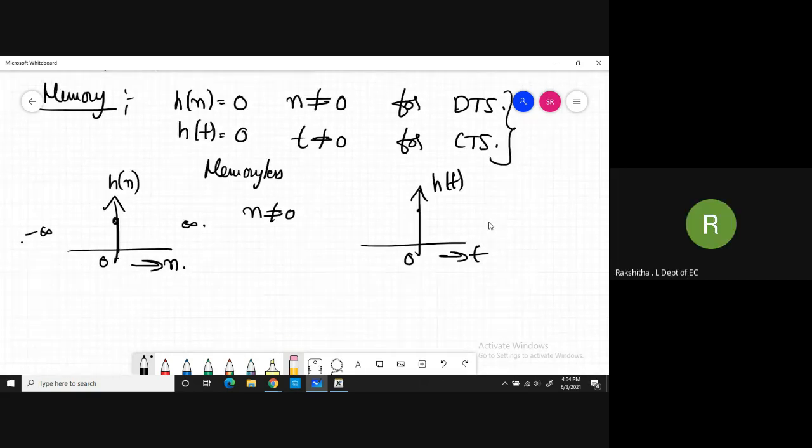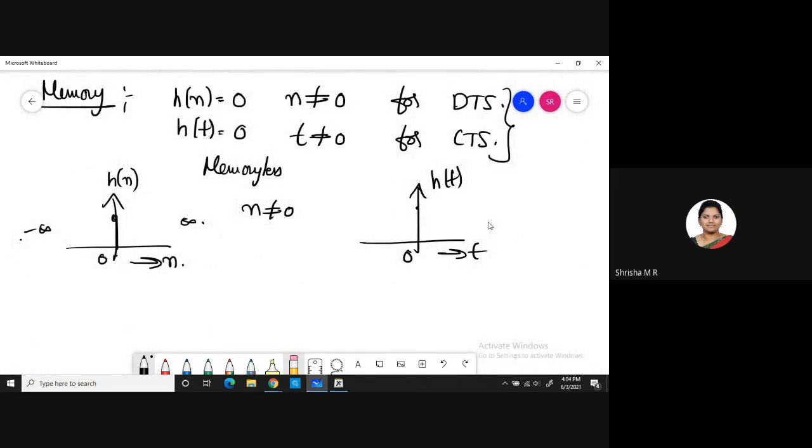Yes, ma'am. So in input-output relationship, what did we tell? Memory, memoryless system. How did we classify that? If output at any instant depends on input at past instance or future instance, then it is a memory-based system, right?